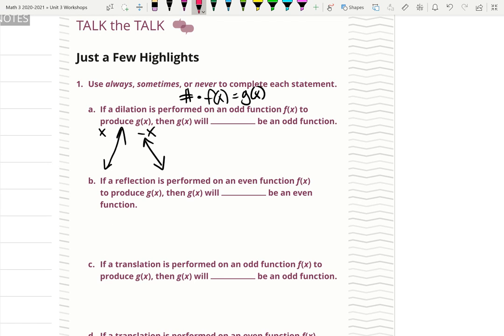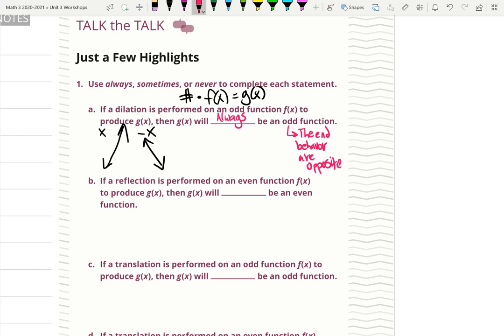Remember, the definition of an odd function is that the end behaviors are opposite. So when I stretch it, are they still opposite end behaviors? Yeah. What about horizontally? Yep. So it's still going to be an odd function. It is an always. A transformation, a dilation specifically, will not change something from being odd.